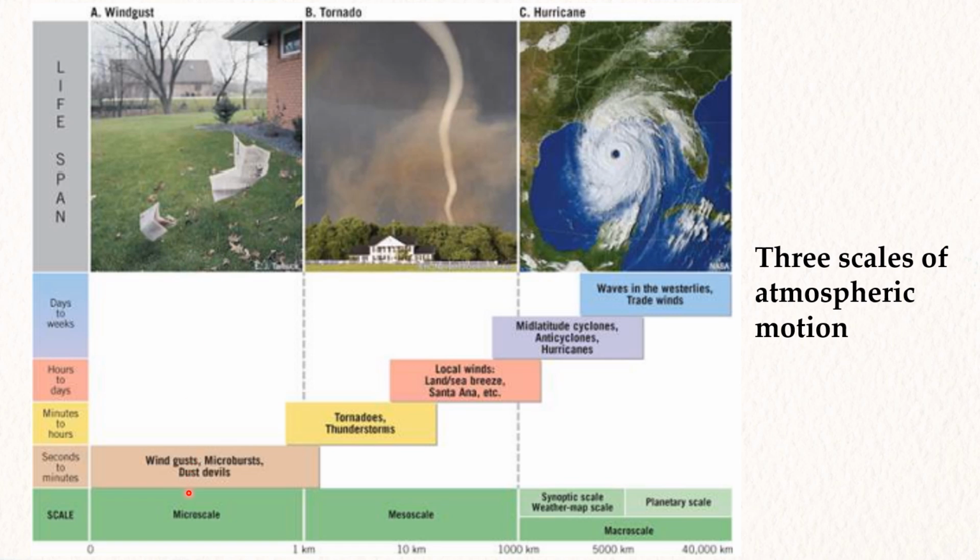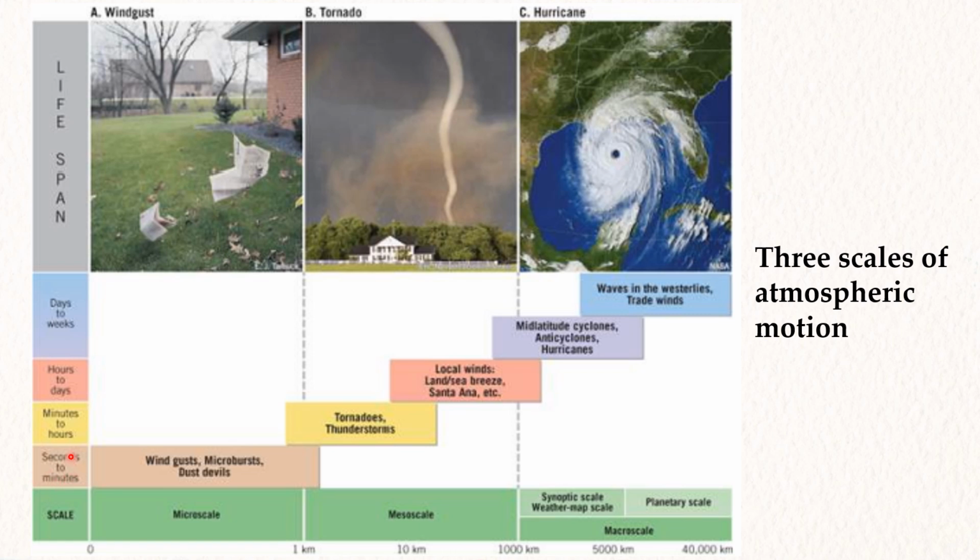Next to it is the tornado, which is under mesoscale. And the third one is the hurricane, which is obviously under the macroscale. You can also see that the bottommost part shows the scales, and above it is the time, seconds to minutes.